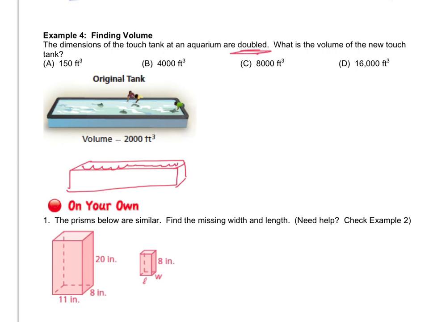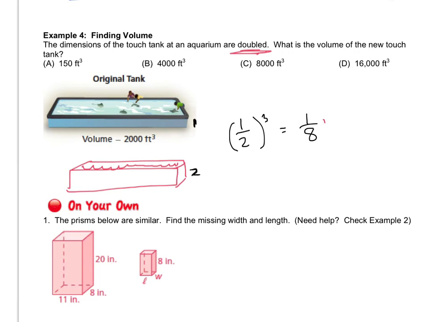So let's make it simple. Let's make this 1 height, and then this will be a 2 height. You can make it other numbers if you want, but I don't see why you would make it more complicated. This new tank is double the old tank. So this ratio, 1/2, when you cube it, you get 1/8.